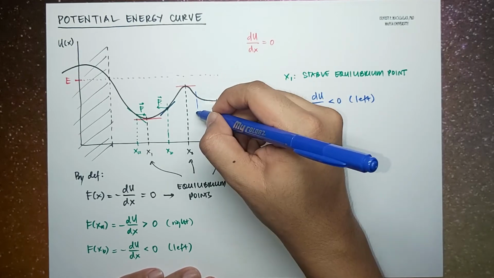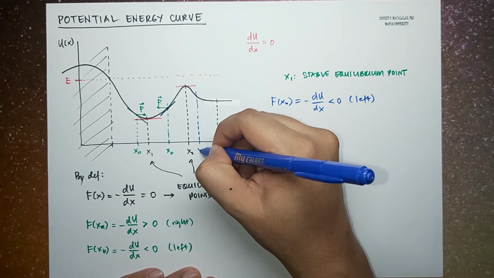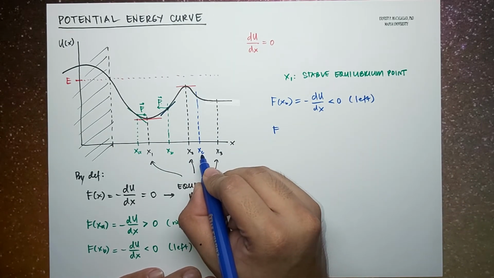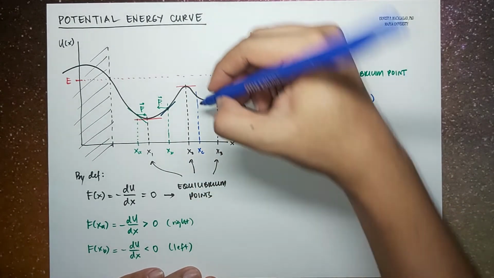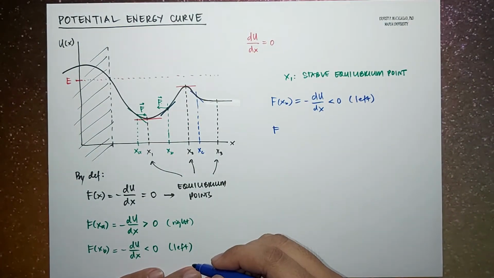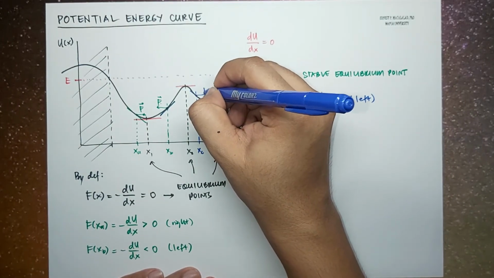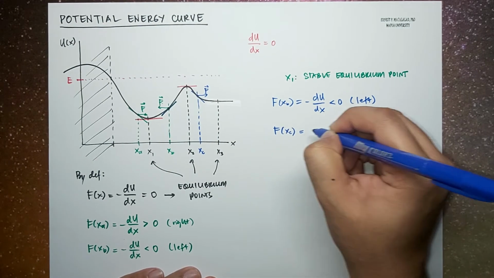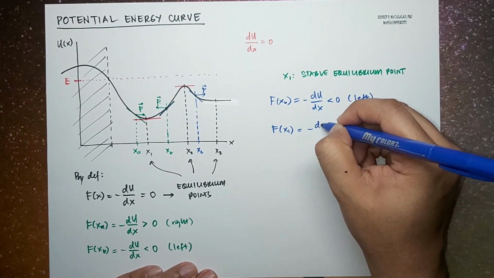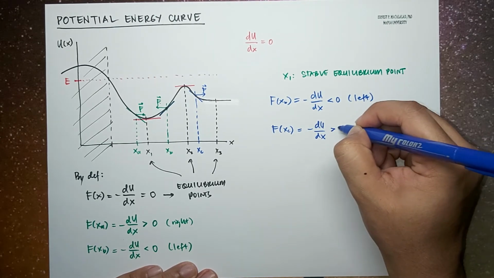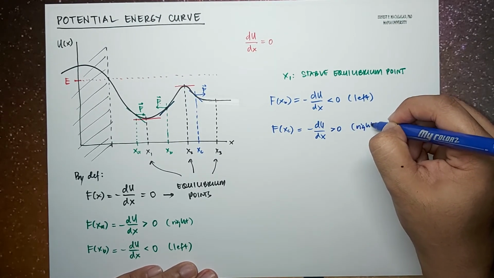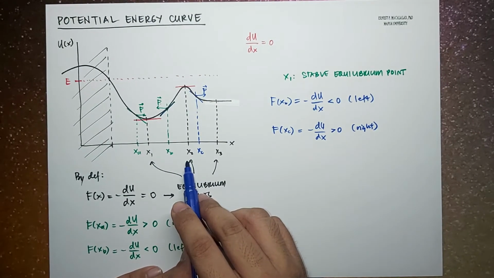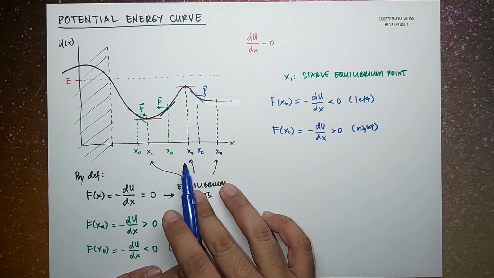Similarly, if we place the particle to the right of x2, let's say that's xc, the slope here would be negative, so the force will be to the right. So again, the particle will move away from your equilibrium position.